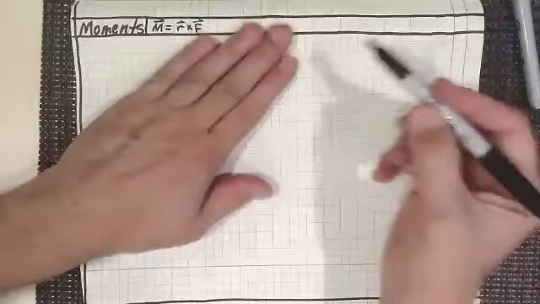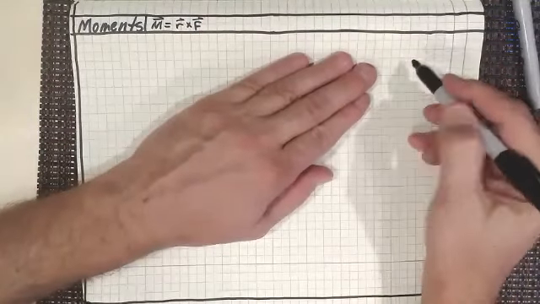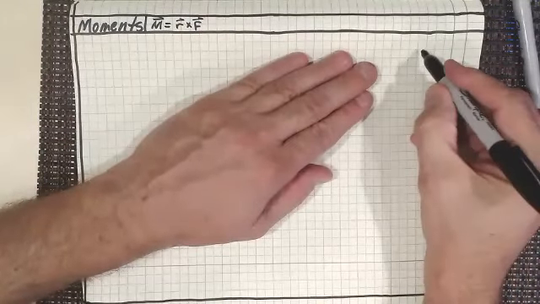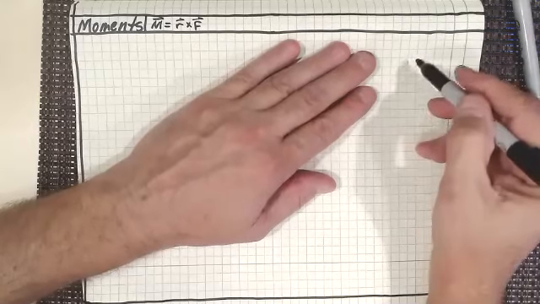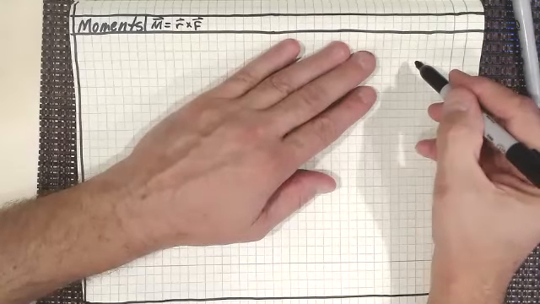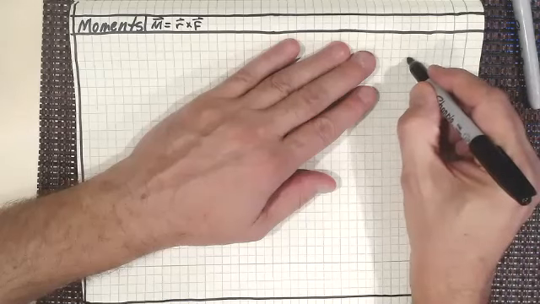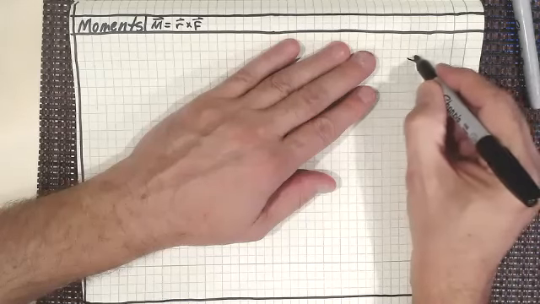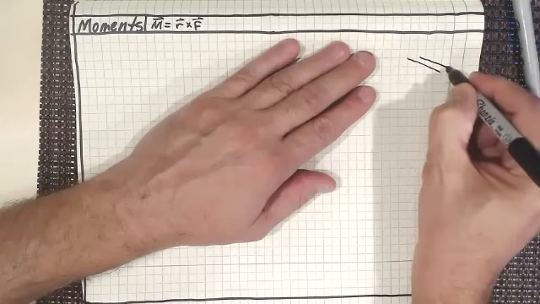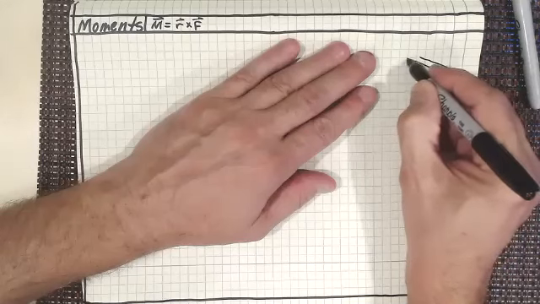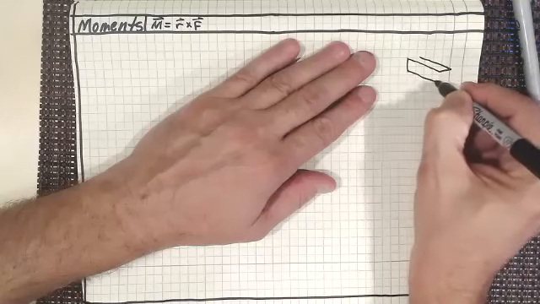So we know a couple things. Let's say I had a beam that was coming out the side of a building. I'm just going to draw a beam here.